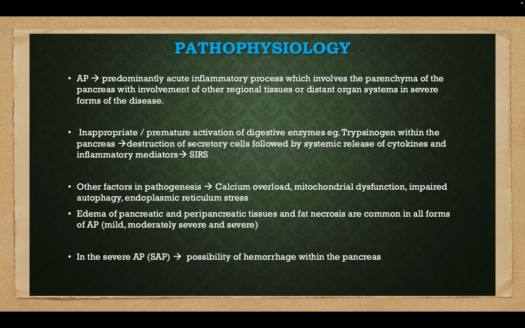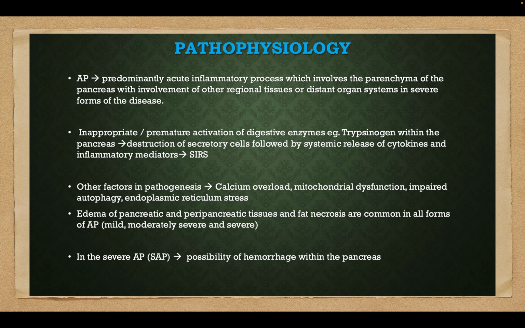Now, as far as the pathophysiology is concerned, it is predominantly an acute inflammatory process, which involves the parenchyma of the pancreas with involvement of other regional tissues and distant organs. Inappropriate and premature activation of digestive enzymes, that is trypsinogen, within the pancreas leads to the destruction of the secretory cells, followed by systemic release of cytokines, and there is a cytokine storm like situation with SIRS.